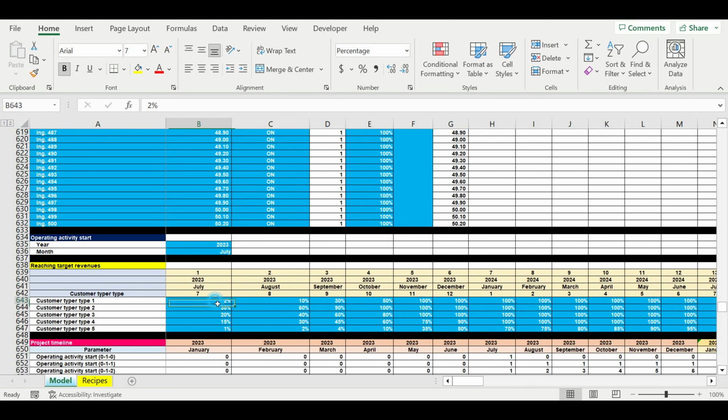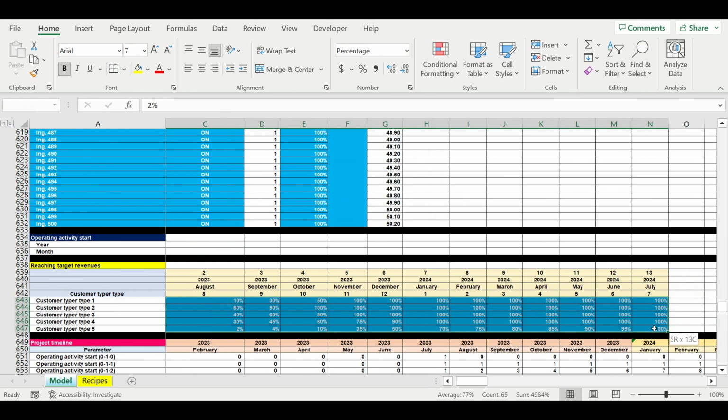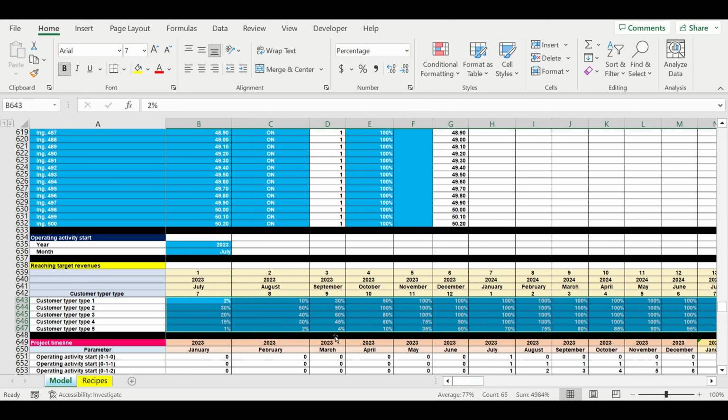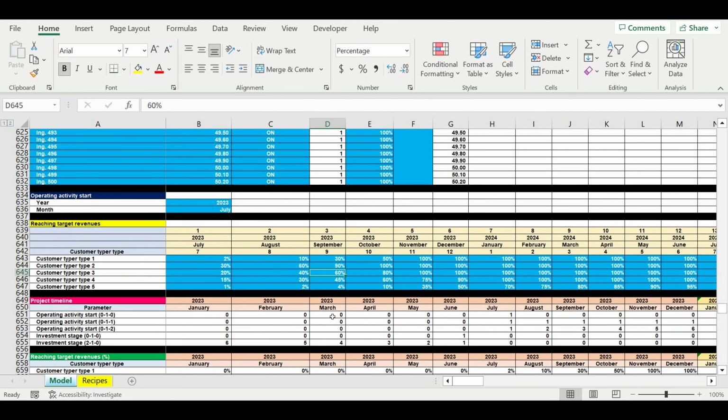Some customers may reach the target revenue faster, some of them will need more time, and we can specify these values in percentages here, and these values will affect the cash flow statement. And the result of that exercise will be that maybe we will need some additional financing to cover operating losses, and this will increase the total amount of money that we'll need to start the business. So this will be a very interesting exercise. I will show it to you later.